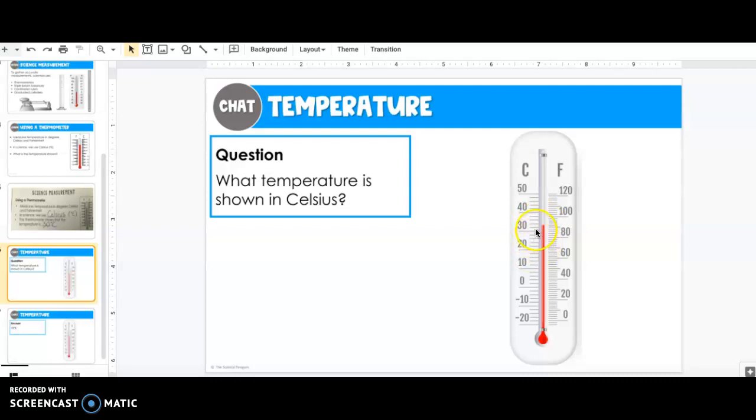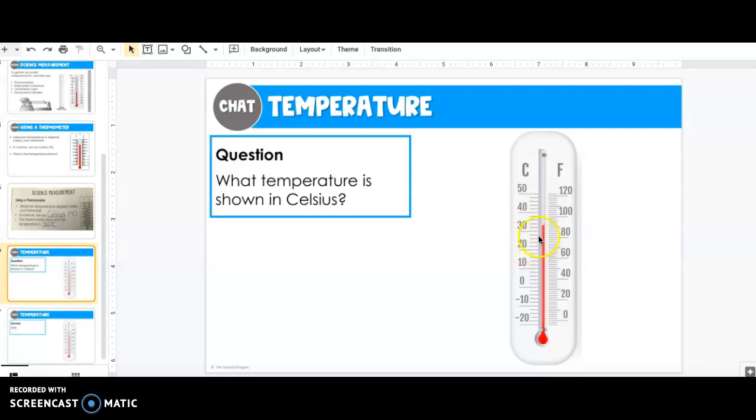So now I have to figure out, what do the little lines mean? So I have 1, 2, 3, 4, 5 little lines in between. So that means that each line is worth 2. So if I count by 2s, 32, 34, 36, 38, 40, it gets me up to 10.